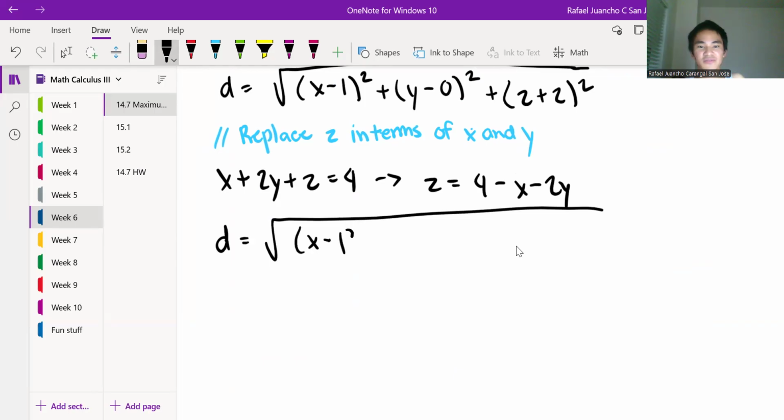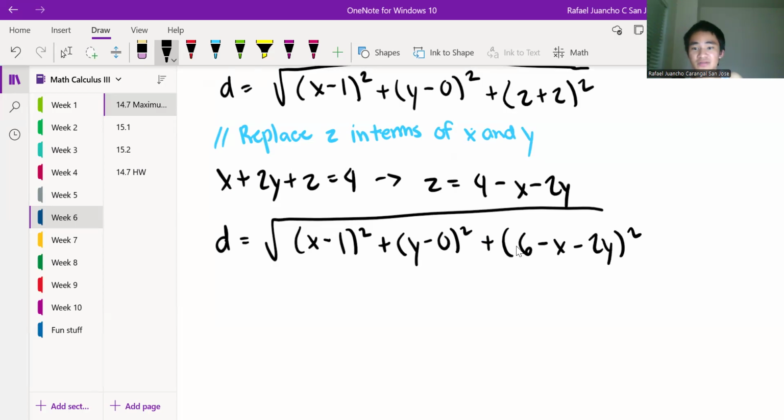So x minus 1 squared, y minus 0 squared. And then here I have my z. So this is 4 minus x minus 2y plus 2. So it's 6 minus x minus 2y squared. Right? And then what's next after this?